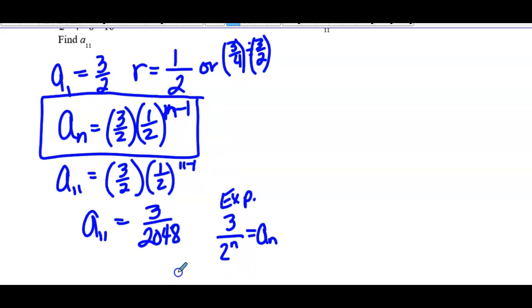If I wanted the 11th term, 3 divided by 2 to the 11th, okay, this is actually equivalent to this. You don't have to know that, but explicit form does not always mean they wrote it nicely how we want it. Explicit just means based on the term number.